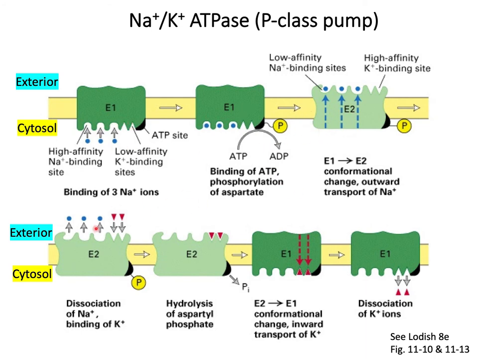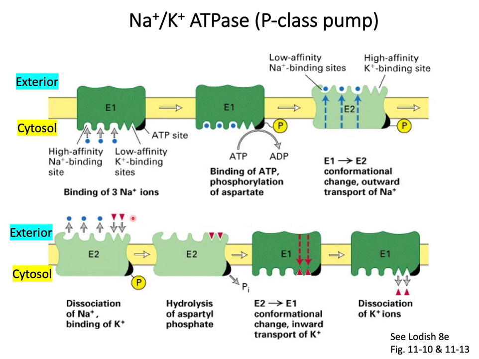The E2 conformation is characterized by 3 low affinity sodium binding sites on the outside of the cell and 2 high affinity potassium binding sites on the outside of the cell. Because these sites have become low affinity sodium binding sites, the sodium will diffuse into extracellular space, and the 2 high affinity potassium binding sites readily capture 2 potassium ions from the extracellular space.